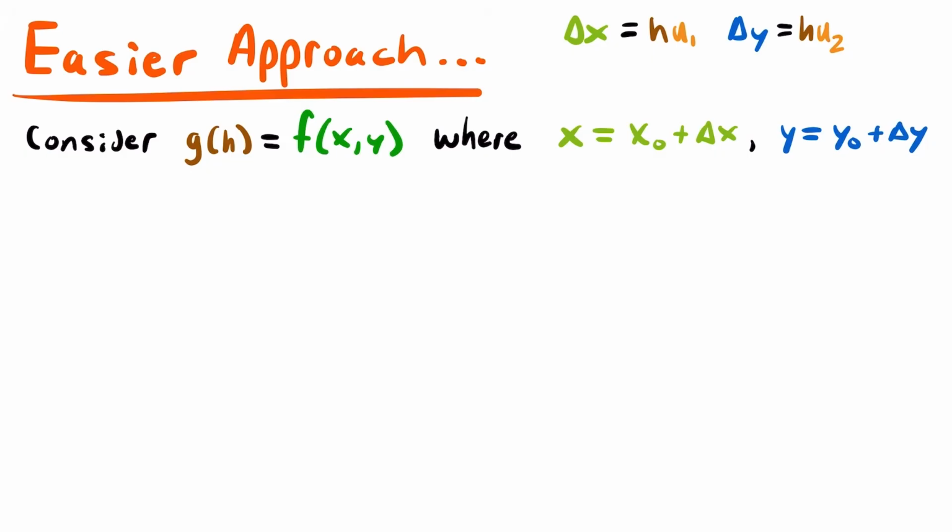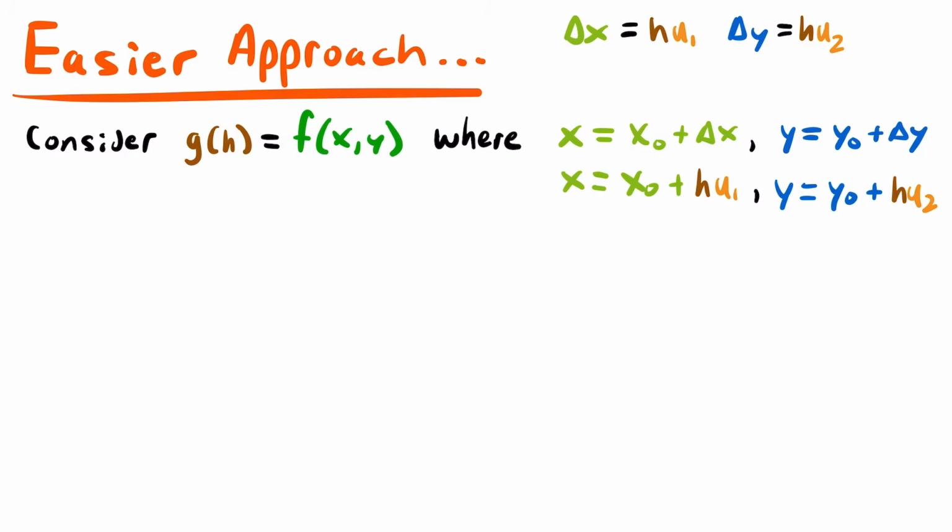So we could also write x is equal to x sub 0 plus h times u sub 1, and then y is equal to y sub 0 plus h times u sub 2. Okay, so really what we have here is a composite function that we've been given the different pieces for.